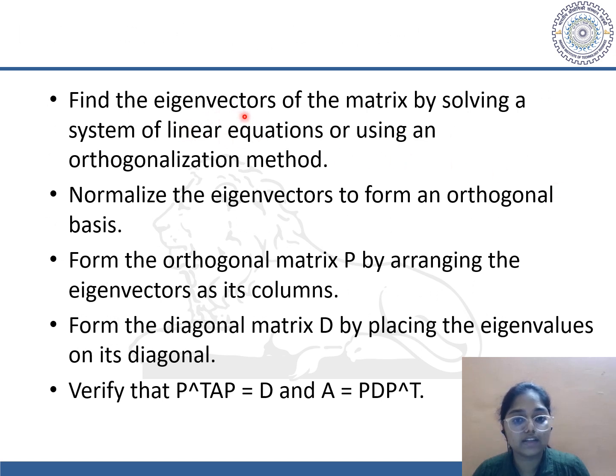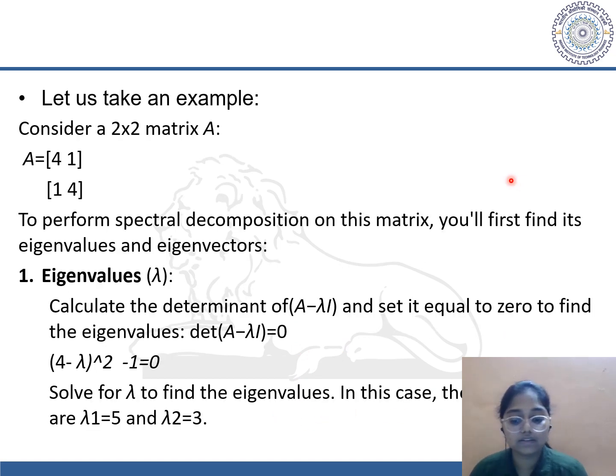Next, we find the eigenvectors of the matrix by solving the system of linear equations, and then we normalize the found eigenvectors to form the orthogonal basis. Then we form the orthogonal matrix P and diagonal matrix D, and then verify the spectral decomposition of the matrix A.